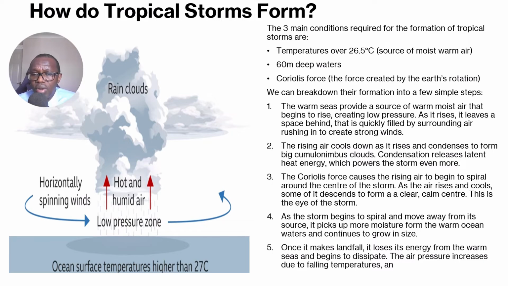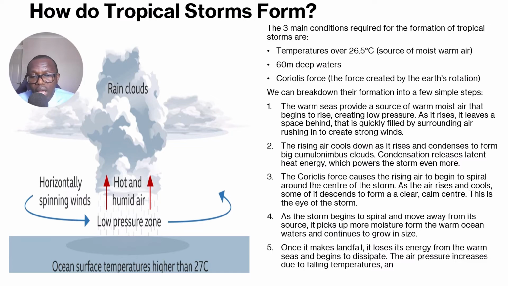It leaves a vacuum behind it, and that vacuum is quickly filled in by the surrounding air, rushing into that vacuum and creating very strong winds. Then as the air rises, it will cool down and condense and form big cumulonimbus clouds. The condensation process is also going to create latent heat energy, which will power the storm even more.